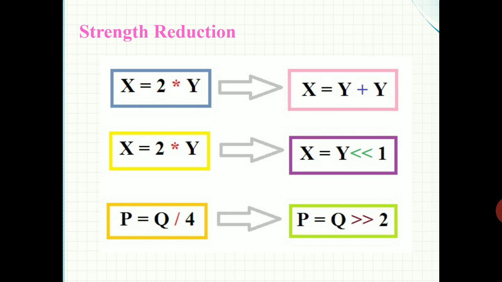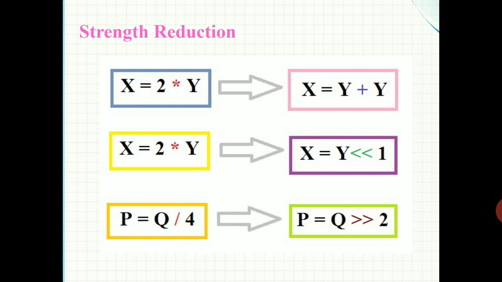In our example, x equal to 2 into y can be replaced by an addition, x equal to y plus y. That gives the same result as x equal to 2 into y, but the expensive operation is replaced with a less expensive operation, addition.